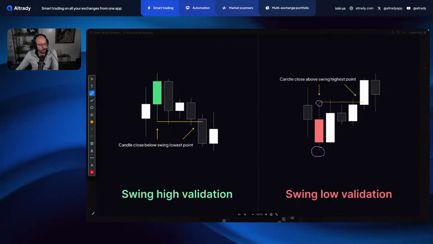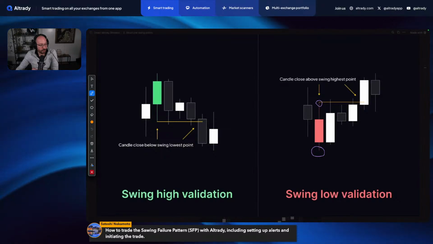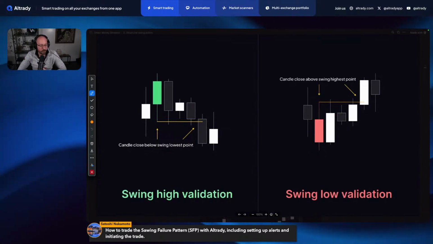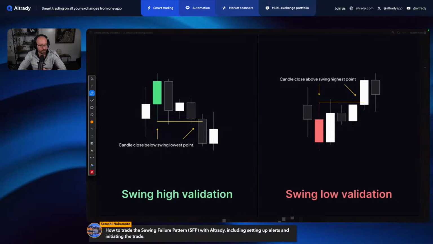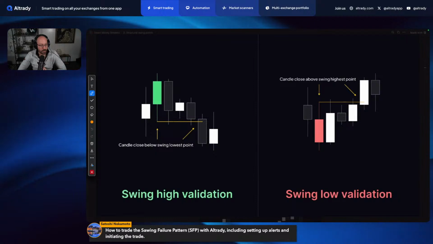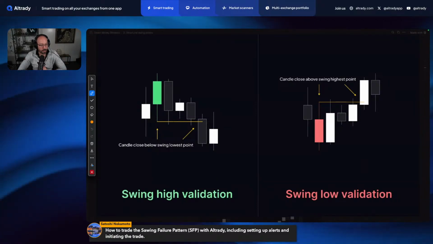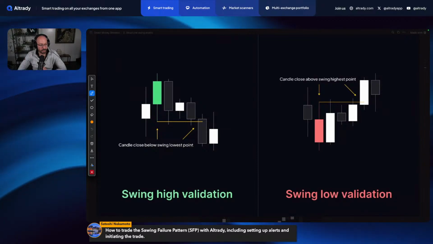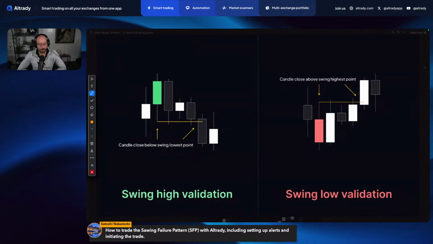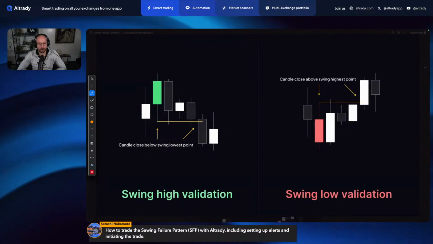Someone's asking how to trade the swing failure pattern with Altrady, including setting up alerts and initiating the trade. Well, showing you how to set up the trades and everything is something that we plan to do for future live streams, because right now we're still in the basics, and we don't really want people to see these videos and think, oh, this is how I set it up, and go in, and then actually get into positions that aren't good positions to take.